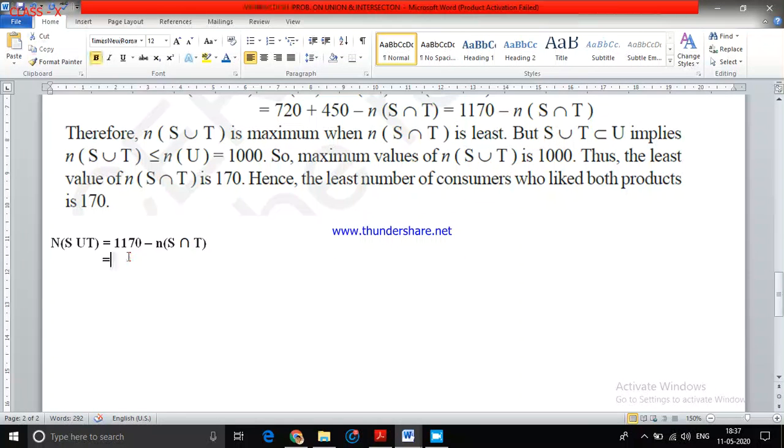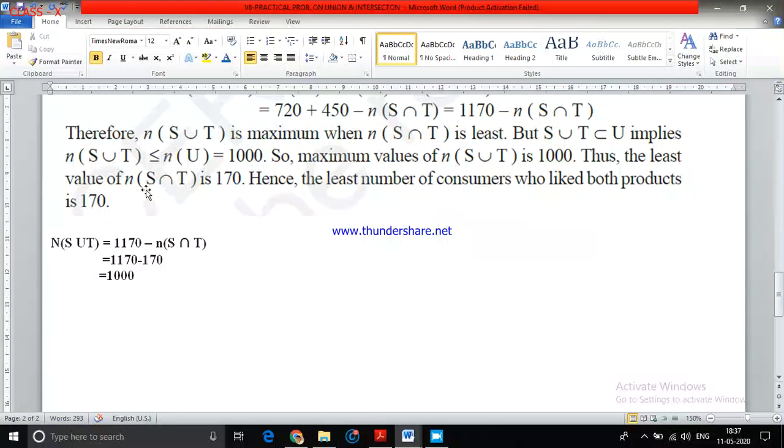When I get this value as 1000, I subtract 170. If I put n(S intersection T) as 170, then I'll get this value as 1000. So when n(S intersection T) becomes 170, then n(S union T) will be 1000.